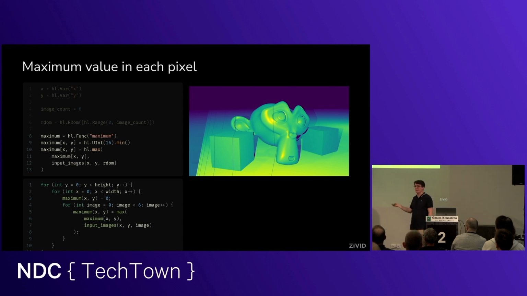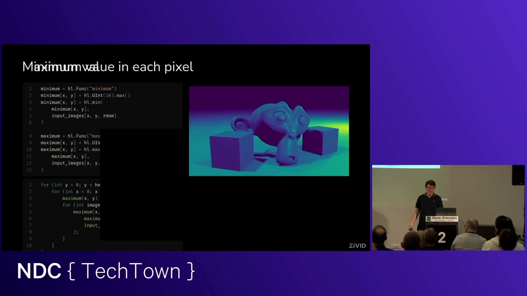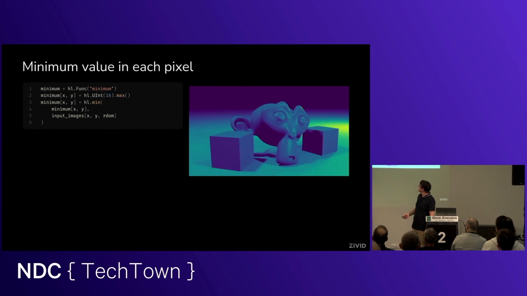And this is essentially the code that Halide will generate for us as well. That's done. And for the minimum image, it's just the same. Just swap the minimum and maximum. So I'm going to skip over that, but it's just the same as we did in the last slide.